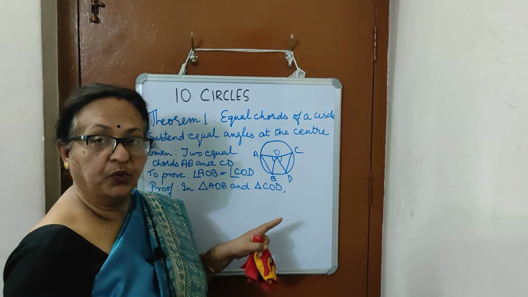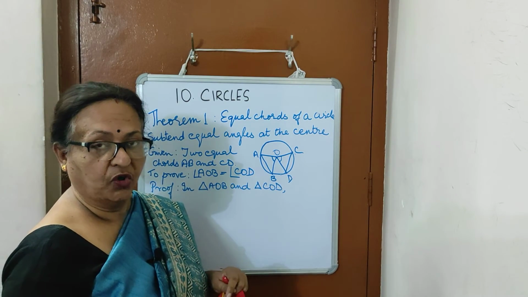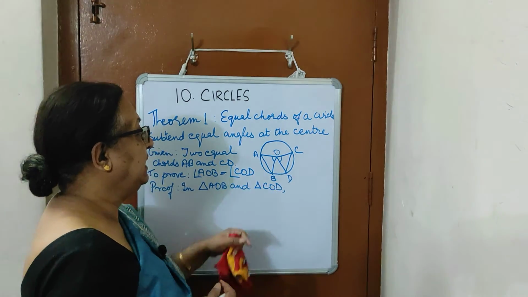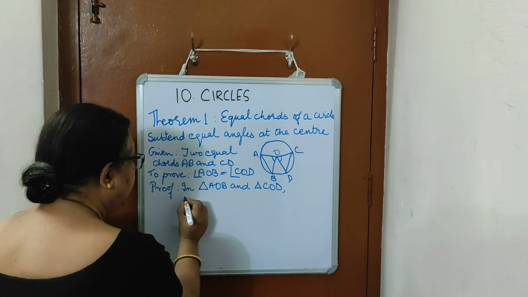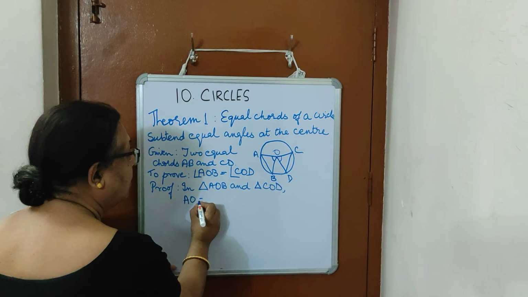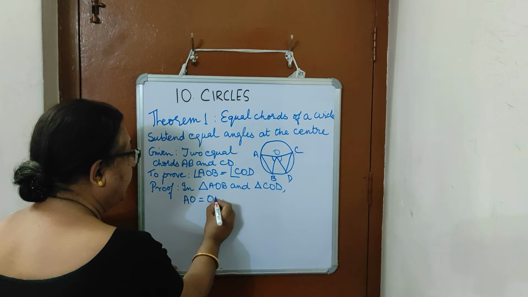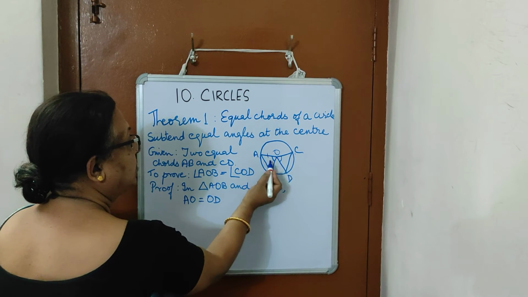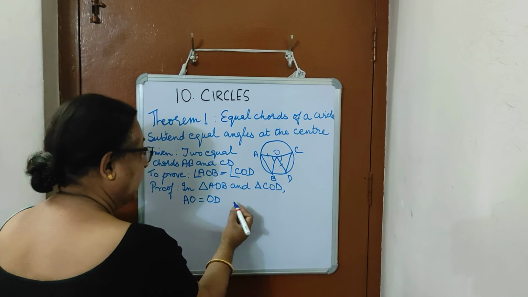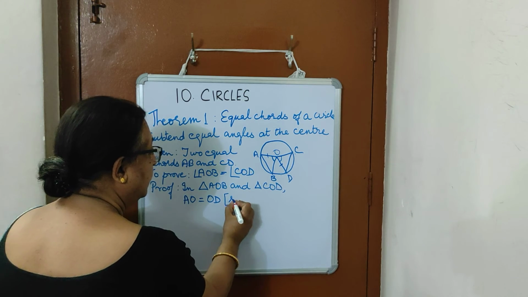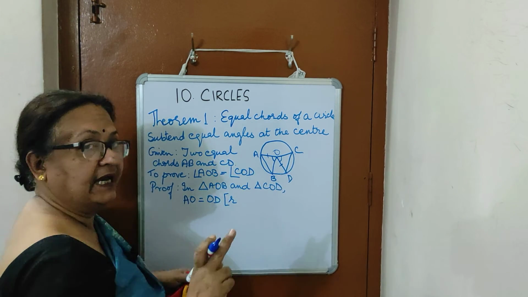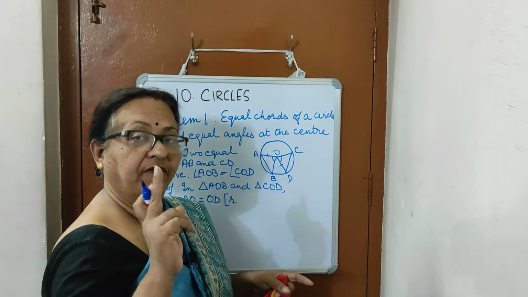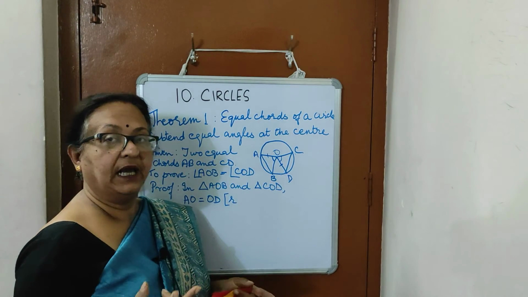Now we need to prove these two triangles congruent. What all do we find equal in them? Just see, is AO equal to OD? Is this one equal to this? Yes. Why? Because both are radii of the same circle, and we have seen that the radii of a circle are all equal.